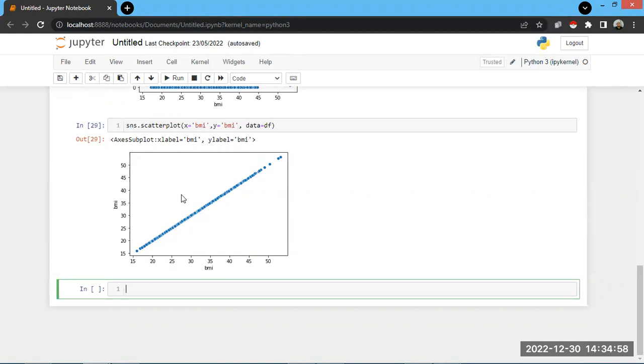We could have some dots moving outside the straight line. What that would simply mean is that maybe these are bodybuilders. If you're a bodybuilder and you're having a weight of 203 kg, it doesn't mean you're insane. It just means maybe you have a pack of muscles or something like that. All right. So this is how to interpret a scatter plot.